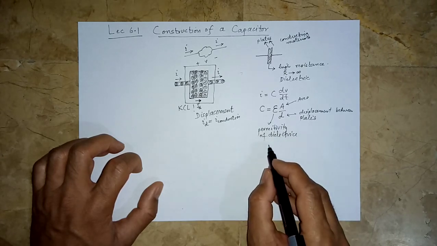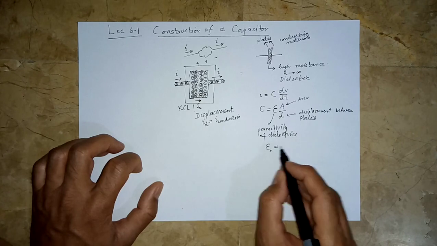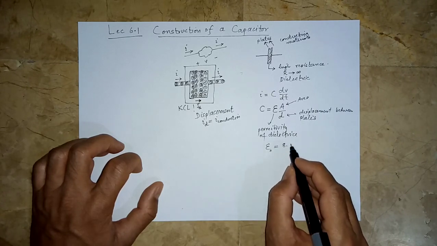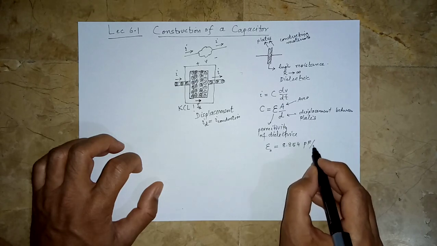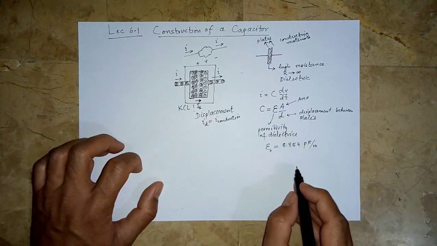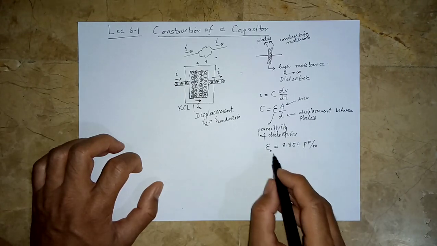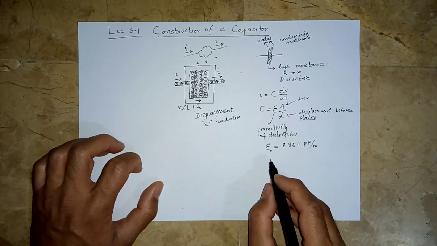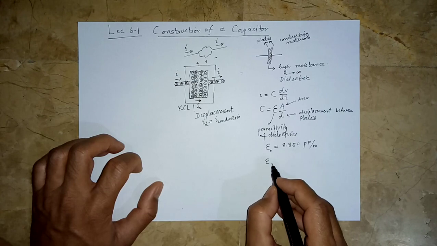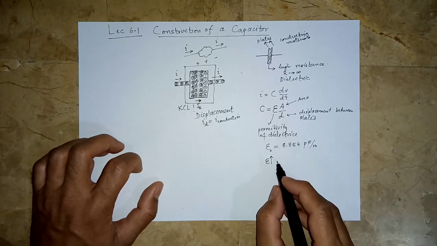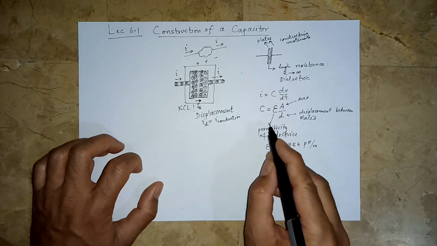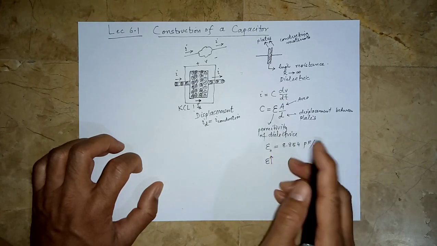For example, the permittivity of air or free space is 8.854 picofarad per meter. Generally in the construction of capacitors, the materials used as dielectric have very high permittivity, much higher than this, because we don't want very huge capacitors.